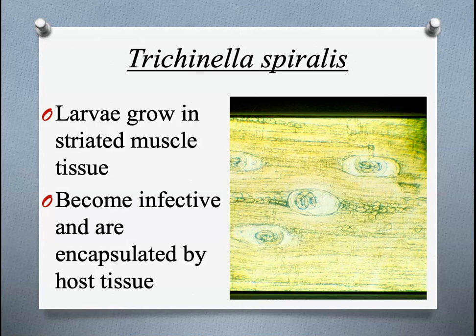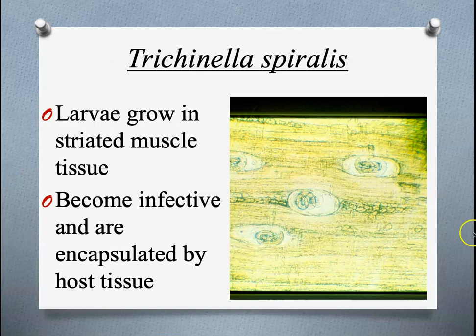And once they embed themselves in the muscle tissue, they do mature a little bit, they become infected, but then they're encapsulated by the host tissue. They get stuck here. They don't leave the muscle tissue after this by themselves. Over time, calcification of the tissue will occur, and they're just encapsulated here.